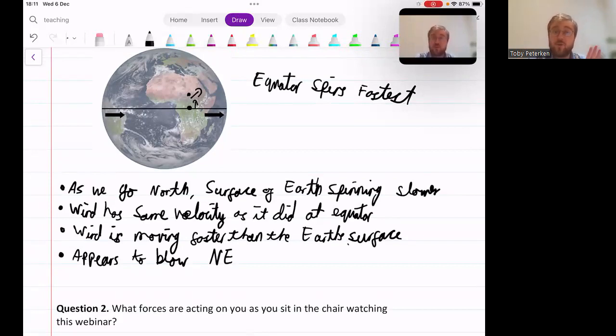You're going to have some wind going north and some going south, and even wind from higher up in the atmosphere that, because it's further away, is spinning faster, and as it becomes lower and lower to the Earth's surface will be traveling in a kind of easterly direction in the northern hemisphere. So those diagrams you see of the Coriolis effect, where it's looping, include more than just this effect.